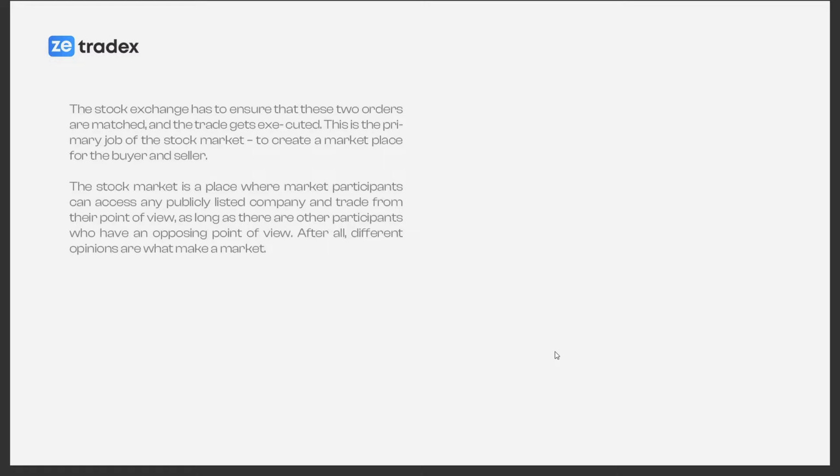This is the primary job of the stock market, to create a marketplace for the buyers and the sellers. The stock market is a place where market participants can access any publicly listed company and trade from their point of view, as long as there are other participants who have an opposing point of view. After all, different opinions are what make the market move. Next page.